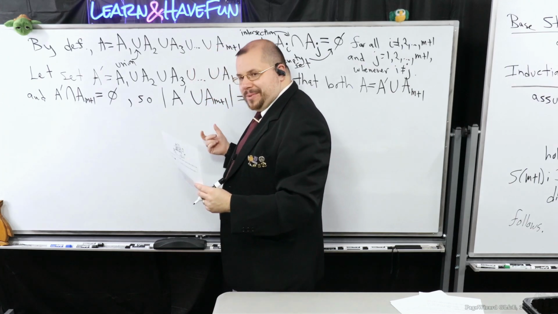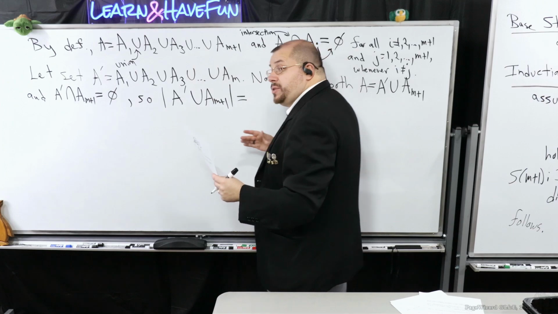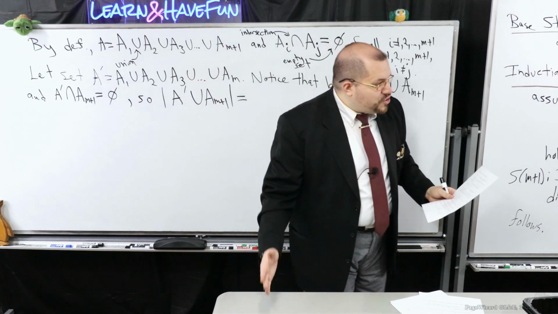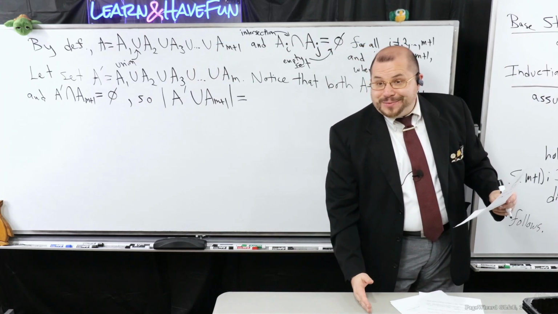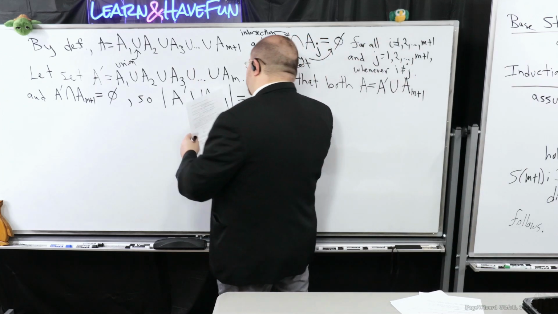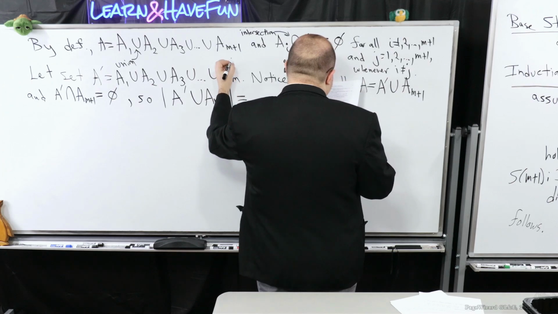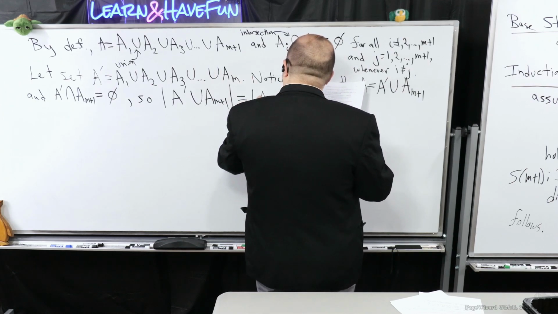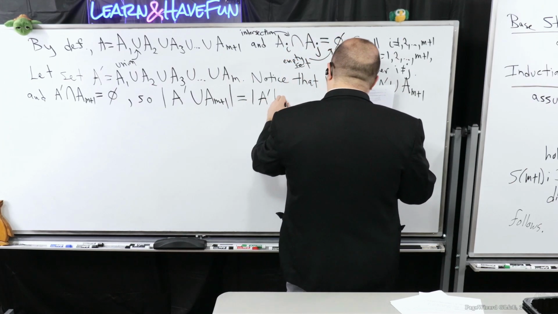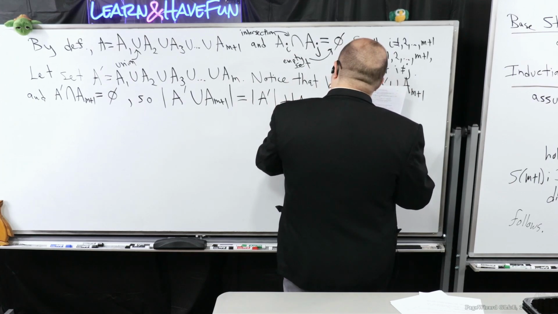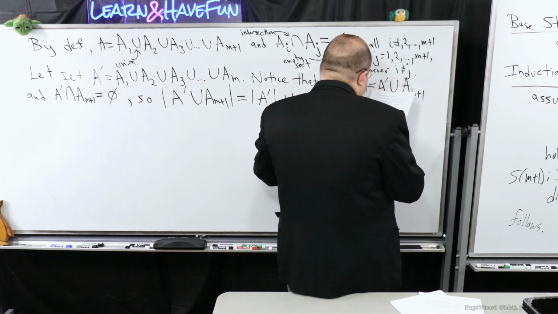There's no common elements. So if I counted them, it's no different than me examining one super bucket with another bucket. And they don't have common elements at all, so the number of elements in this set here is just going to be the cardinality of A prime plus the cardinality of A_{m+1}, right?